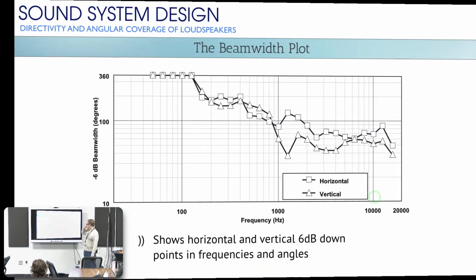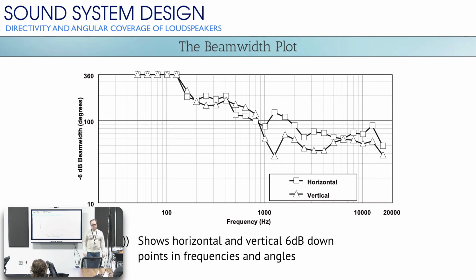Okay, so let's look at another one. This is called a beamwidth plot. The concept behind a beamwidth plot is that, remember we've talked about decibel values and what is the minimum that people can hear? What did I say is the smallest change in decibels that an average person can perceive? About 3 dB, right? Much less than 3 dB, and your average person is going to feel like you didn't really do anything.